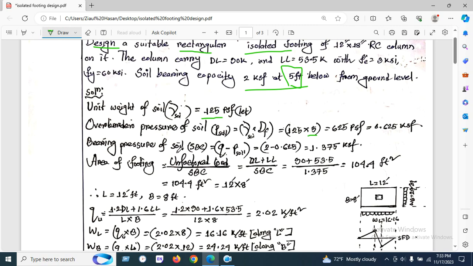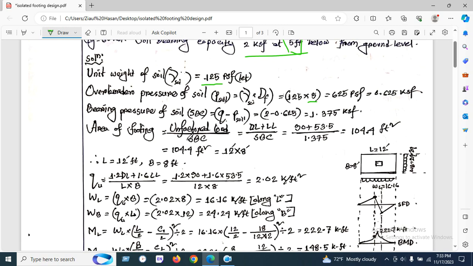The net bearing pressure of the soil would be the soil bearing capacity minus the overburden pressure, because we have excavated or cut this soil when constructing the footing. That's why we deduct it from this value, and we have found 1.375 ksf.